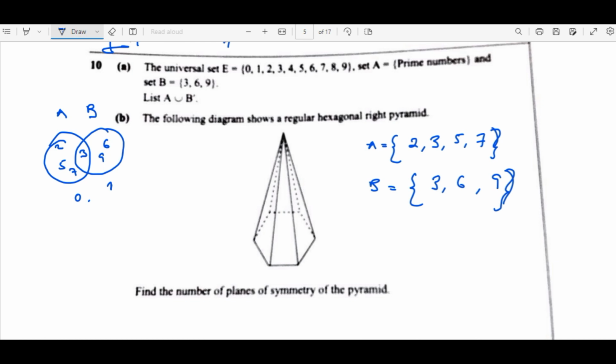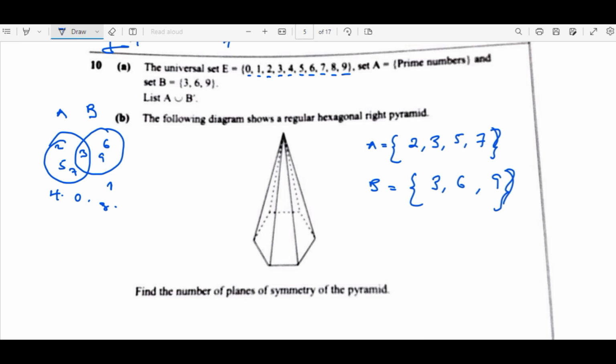Let us mark them against the numbers that we have. 0 has been taken, 1 has been taken, 2 has been taken, 3 has been taken. 4 is not taken, so we write a 4 there. 5 taken, 6 taken, 7 taken, 8 is not taken, so we write 8 there, and then 9.